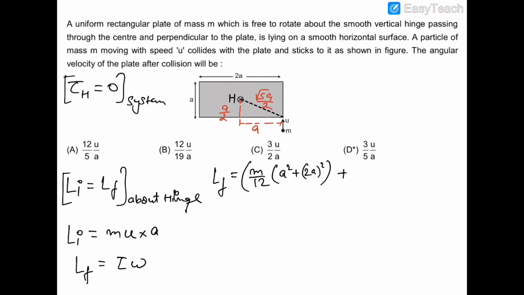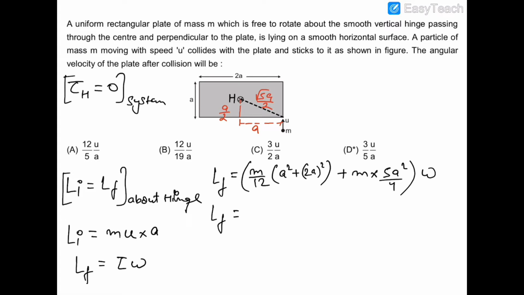So the moment of inertia of this ball about the hinge will be m into 5a square by 4, and into omega. So L final will be, this is 4a square plus a square, this is 5 by 12 and this is 5 by 4.